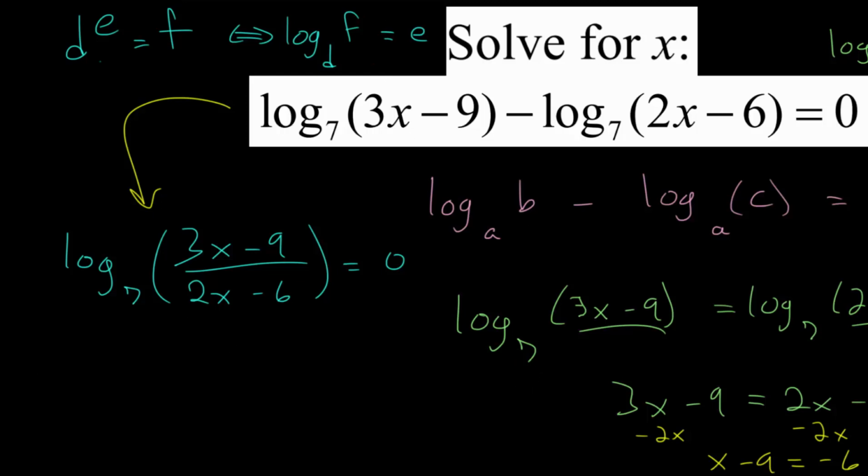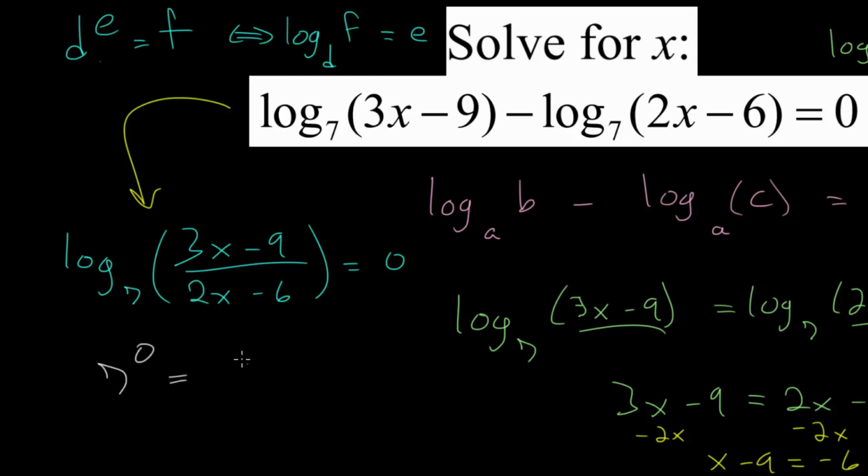So let's apply that. And remember, we could just read this logarithm as log base 7 of this input is equal to 0 and interpret it to mean that we're asking 7 raised to what power gives us this input, and that power is 0. So 7 to the 0 power is equal to this input. So let's write that.